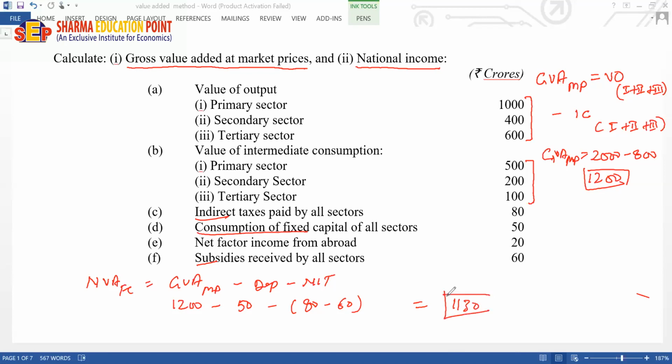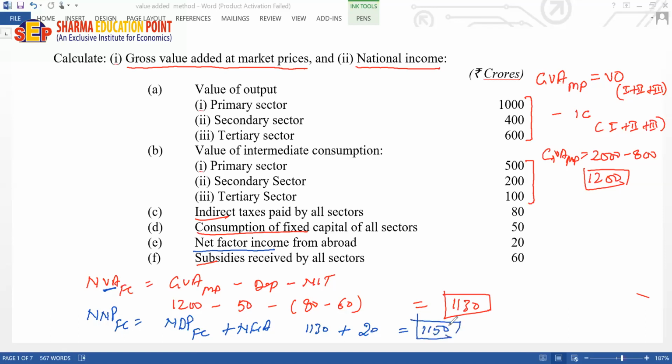This is NVAFC. But what you need? NNP at FC. And I just told you that NVA is also termed as NDP at FC. So what you need? Plus NFIA. So final answer you can say 1130 plus NFIA. NFIA, net factor income from abroad, which is 20. So final answer is 1150.